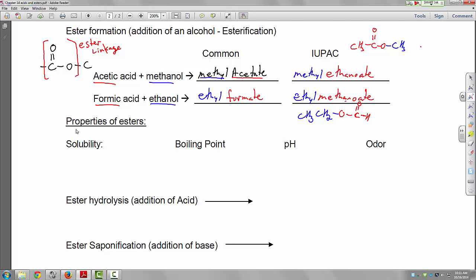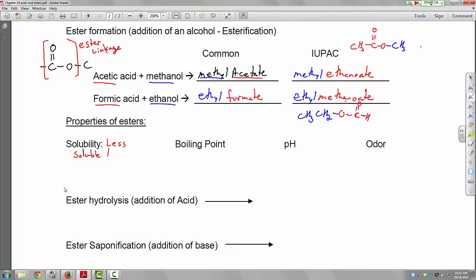Properties of esters. Here we're talking about the physical properties. Down below we'll talk about the chemical properties. If you remember when we made these esters in lab, they separated from the water, so in terms of solubility they're slightly soluble, but the main thing to remember is they're less soluble than the acid or alcohol that was used to form them.